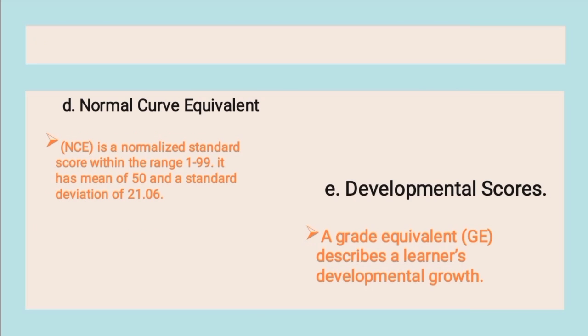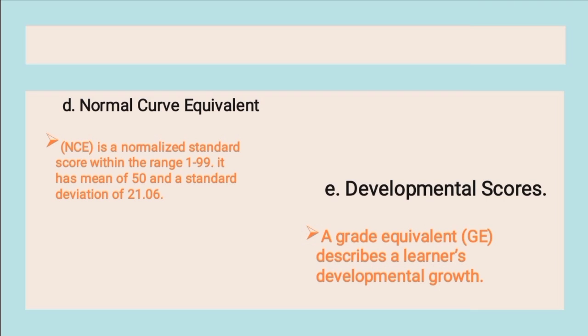Normal curve equivalent. NCE is a normalized standard within the range 1 to 99. It has a mean of 50 and a standard deviation of 21.6. So normal curve equivalents, or NCE, are standardized scores used in education. Moreover, it is a way of measuring where a student falls along the normal curve.